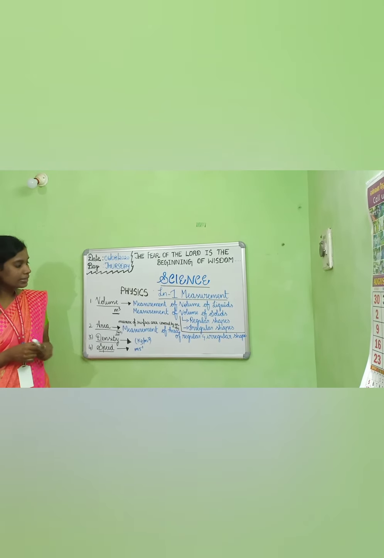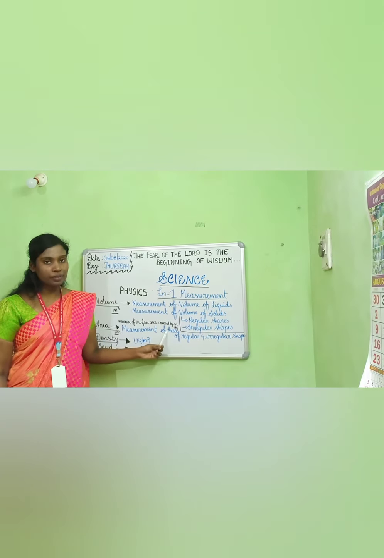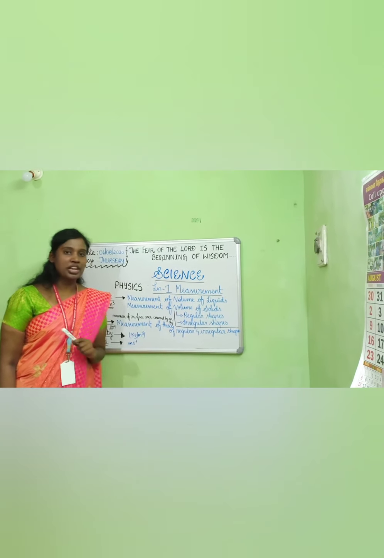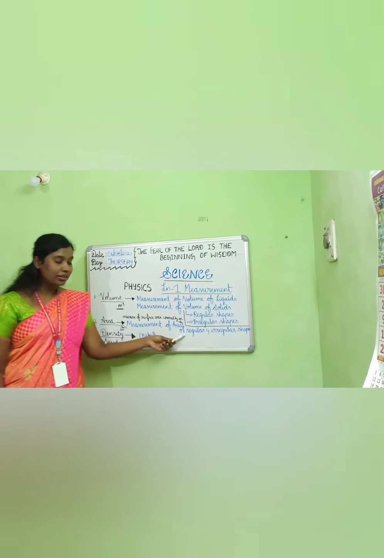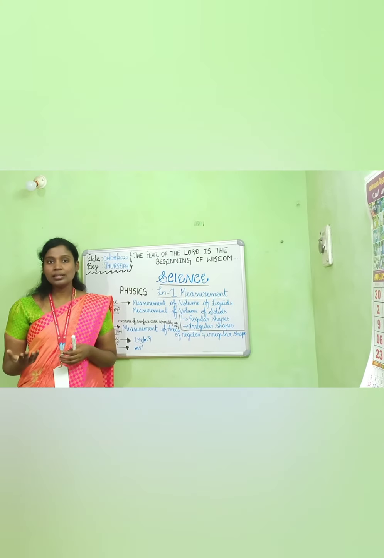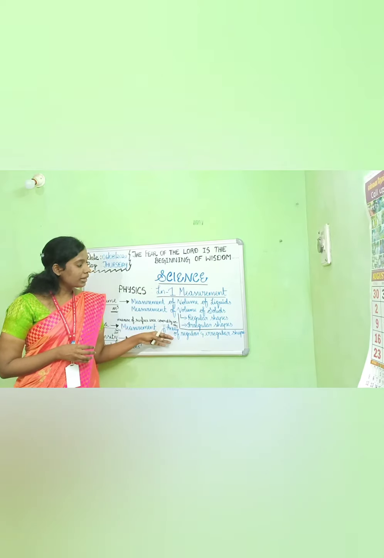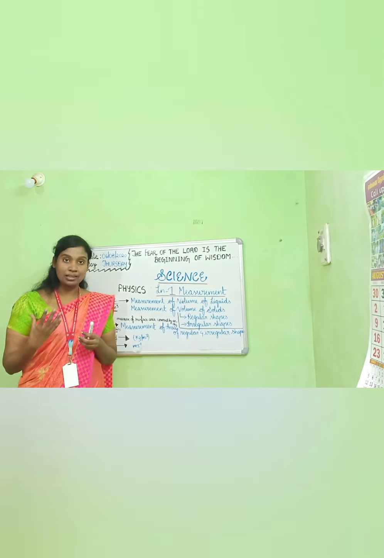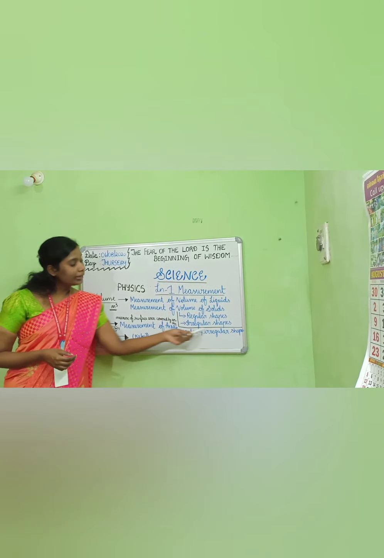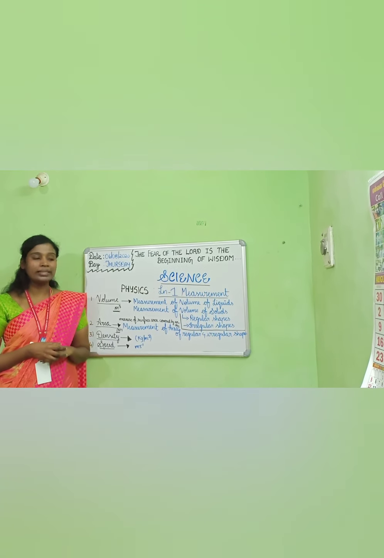We will be discussing the measurement of area of regular as well as irregular shaped objects. When you think of regular shapes, a square or a rectangle or a triangle or a circle comes to your mind. But there are some objects which are irregular in shape. So we will be learning how to check the area of the irregular shaped object also in this session.